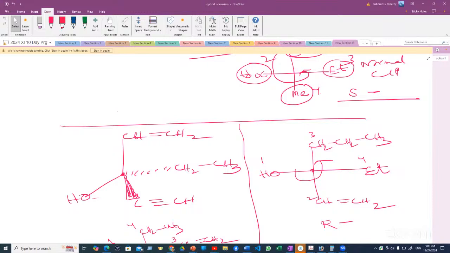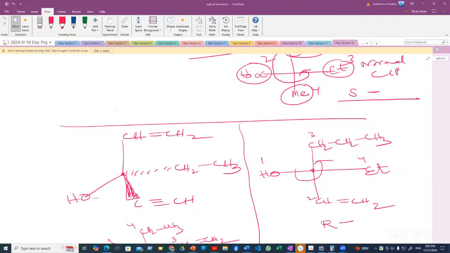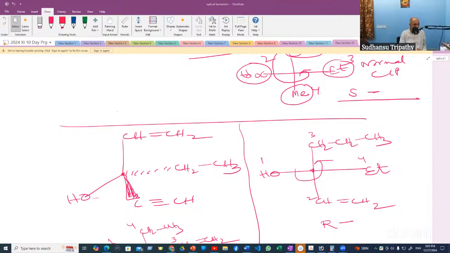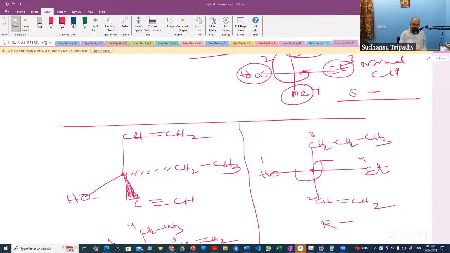Which operation is to be done first? So that's Cn, the n-fold axis, right? Yes, sir. So Cn operation is to be done first, followed by?